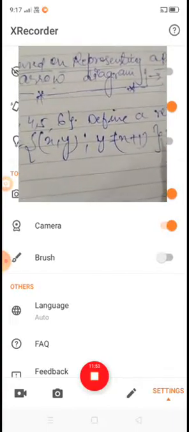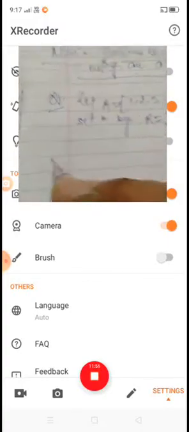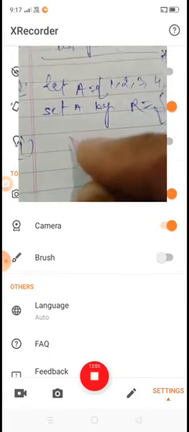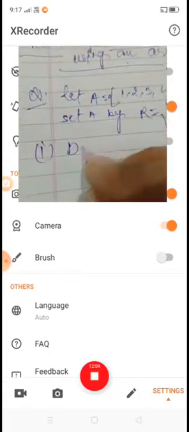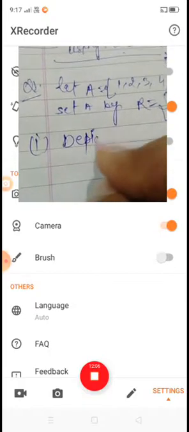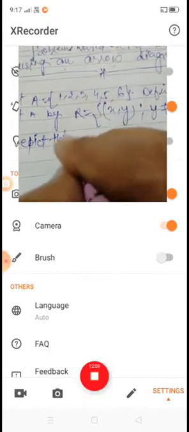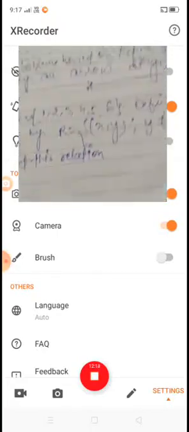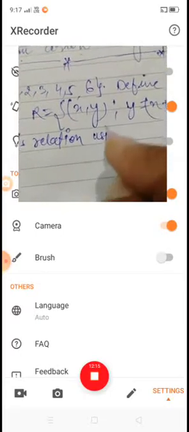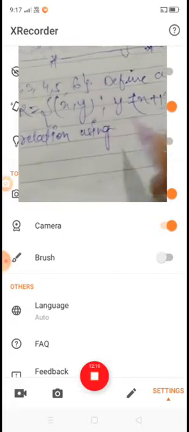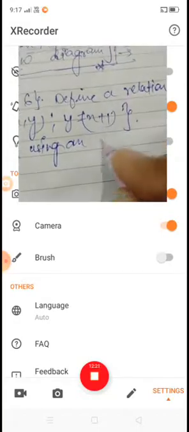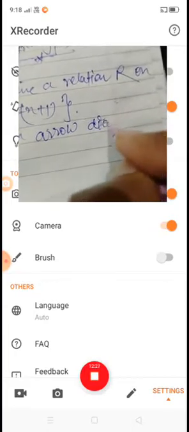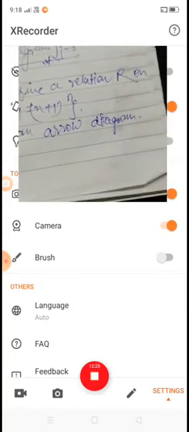Your first question is, depict this relation using an arrow diagram.